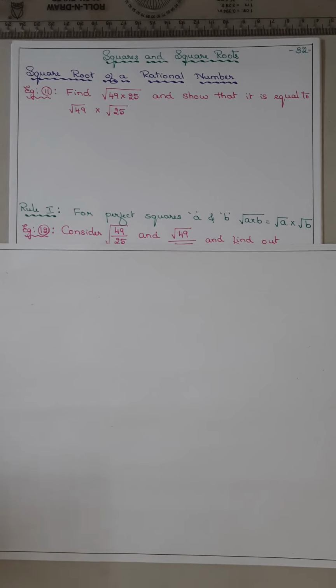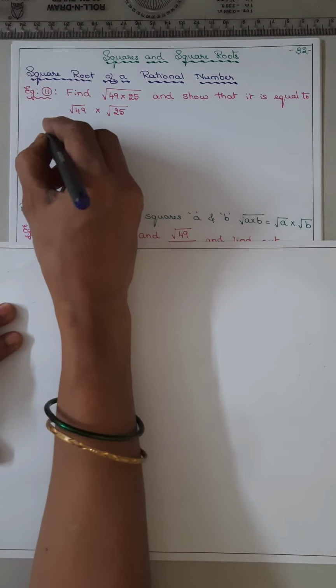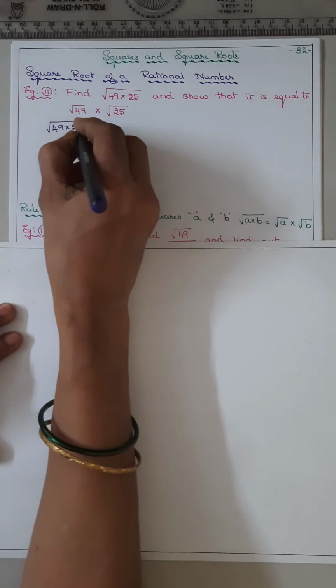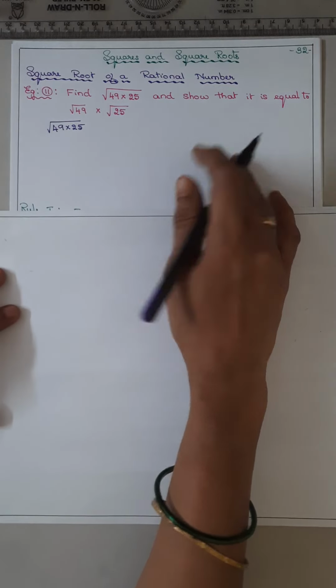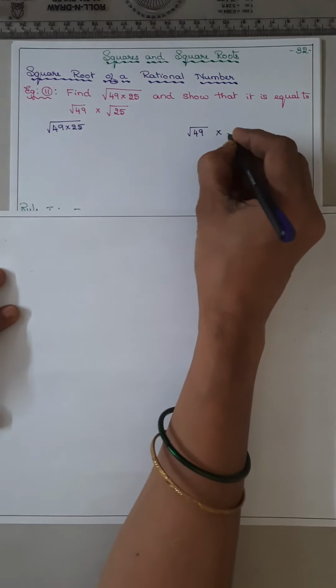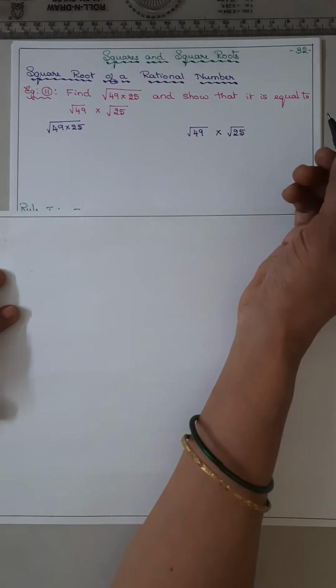Find the square root of 49 into 25 and show that it is equal to square root of 49 into square root of 25. So for that we will do square root of 49 into 25 on the left hand side and square root of 49 into square root of 25 on the right hand side.